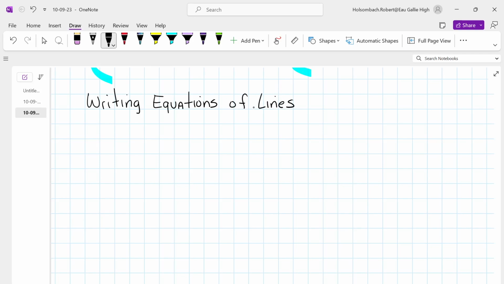You're going to be writing your equations in two forms. One of the forms is called slope-intercept. Hopefully this is a review. Y equals mx plus b.